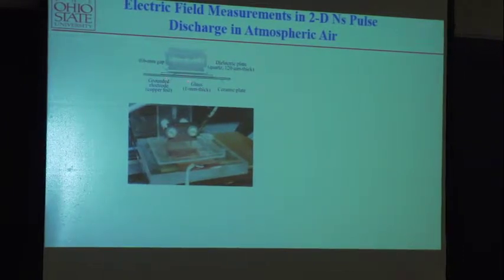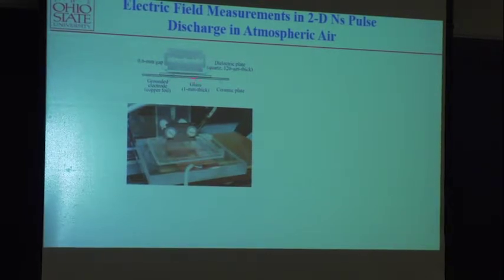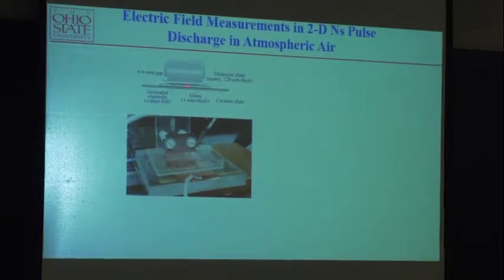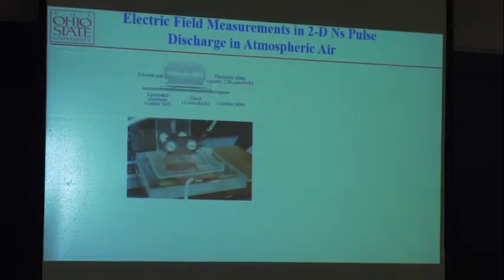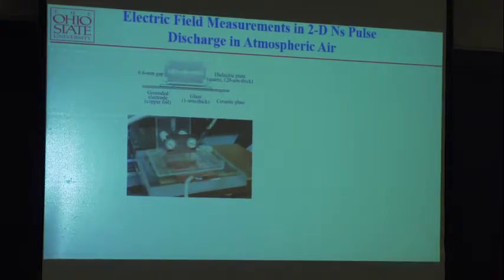And using this method, they try to measure a two-dimensional nanosecond pulse discharge. Let's say you put some kind of a knife edge above a quartz dielectric material, probably quartz, and then you apply a nanosecond discharge and try to measure the electric field and the electron temperature distribution as a function of time.